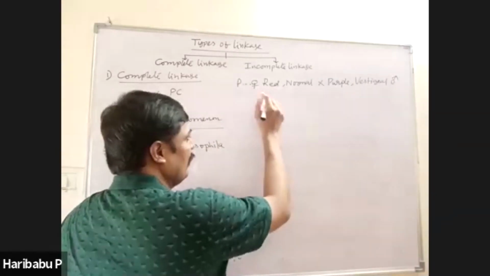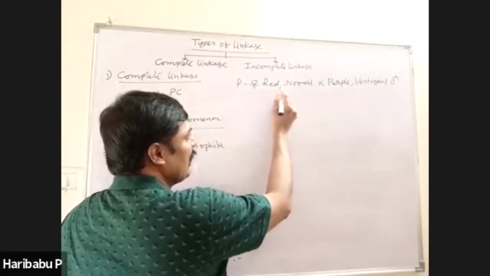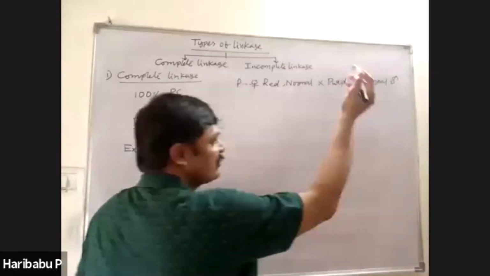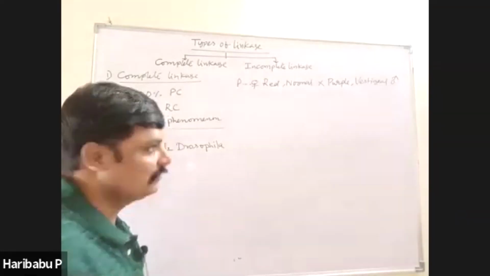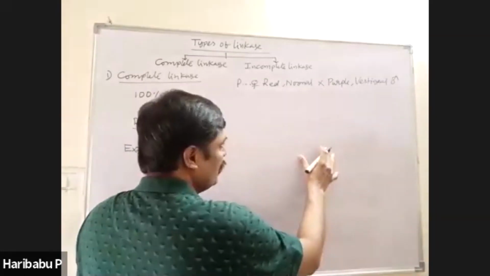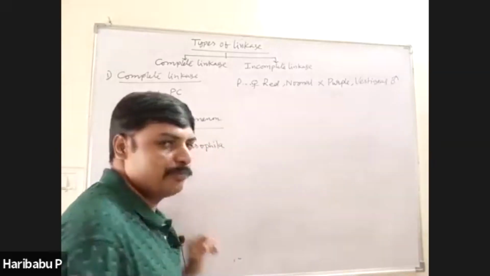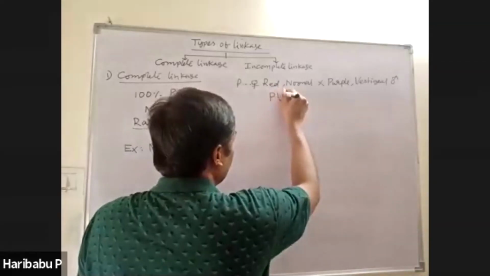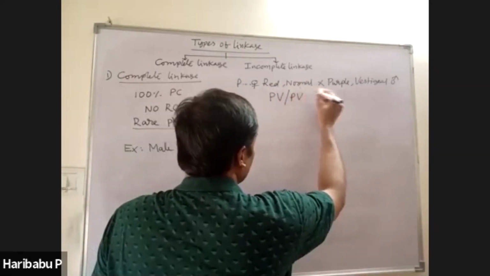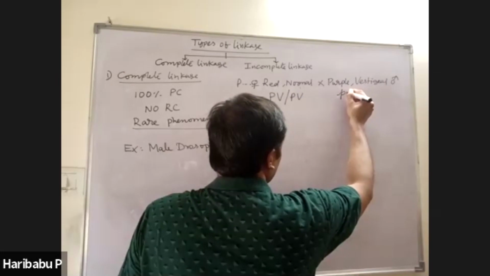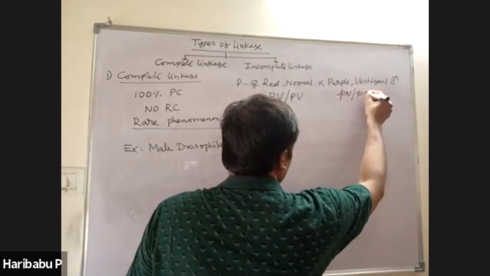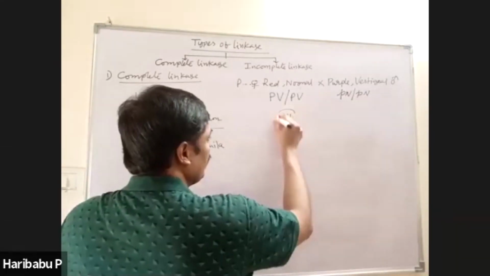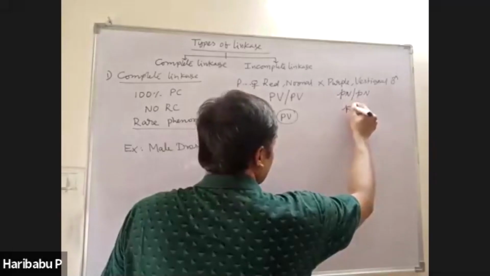Now, when red-eyed normal winged female is crossed with purple-eyed vestigial winged male, in the F1, all red normal were obtained. Let us see. Capital P, capital V, capital P, capital V crossed with small p, small v, small p, small v. The gametes are capital P, capital V and small p, small v.